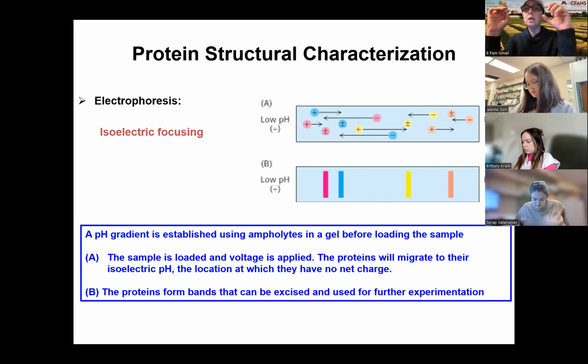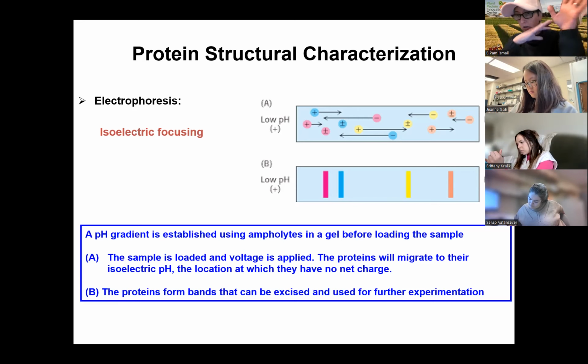And usually the strip goes from pH 3 to pH 10. So those that are very positively charged will be around the pH 10 region, and those that are negatively charged will be around the pH 3 region. Okay. So now you created a pH gradient on your strip.